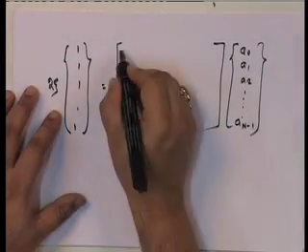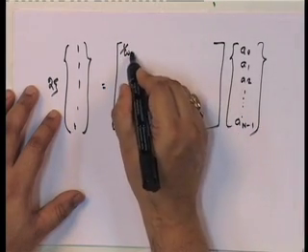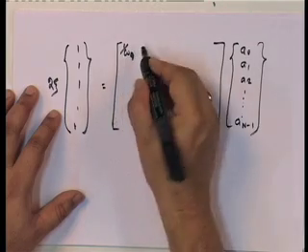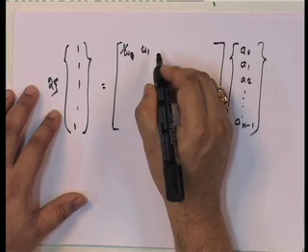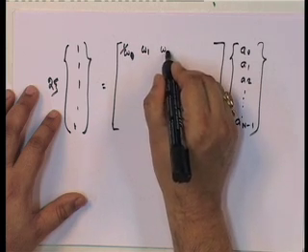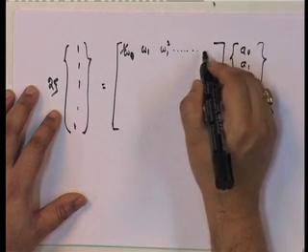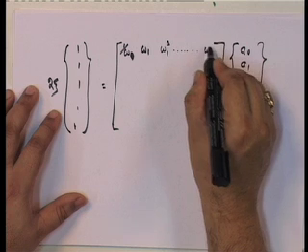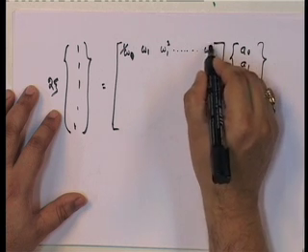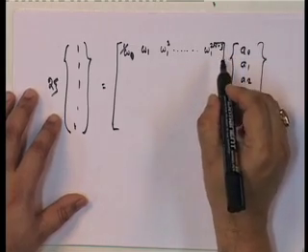And what are the values? This is 1 upon omega 1, the first mode, omega 1 cubed, so on and so forth, up to omega 1 to the power 2 n minus 3.